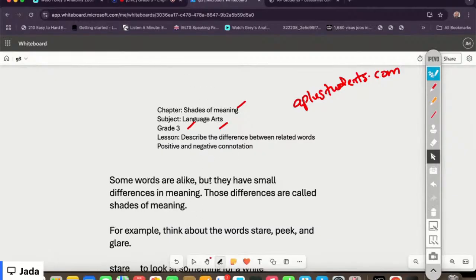All right, so some words are alike, but they have small differences in meaning. Those differences are called shades of meaning.